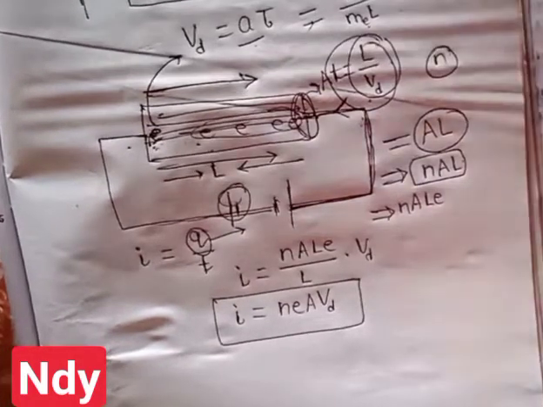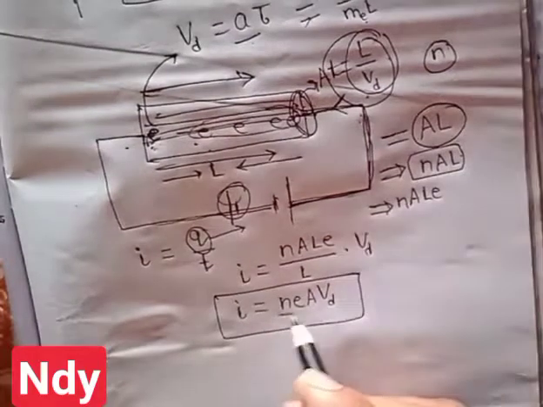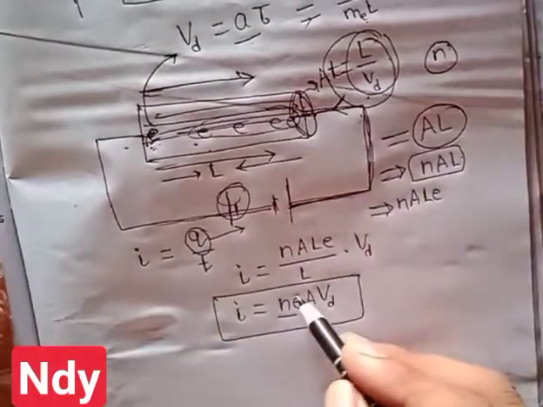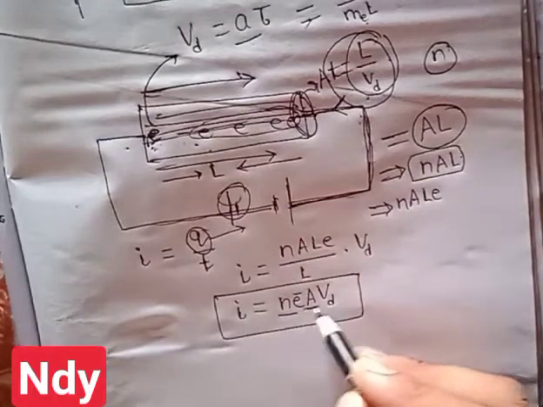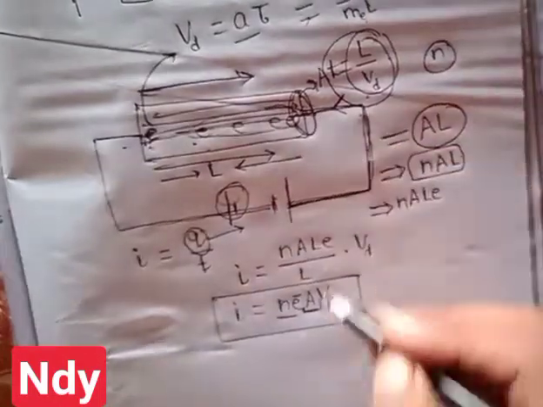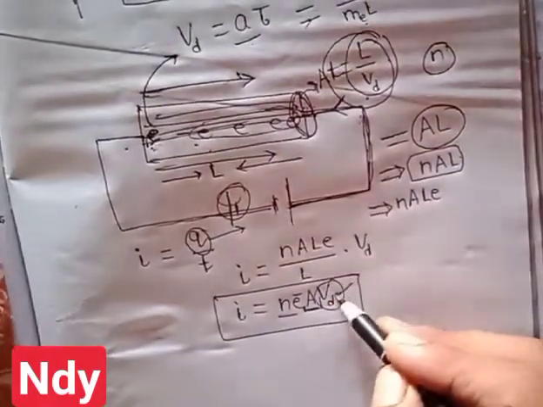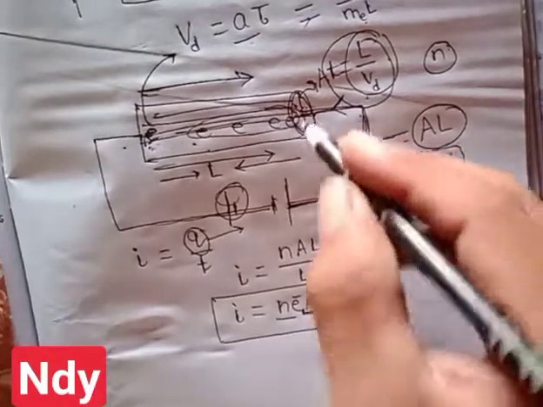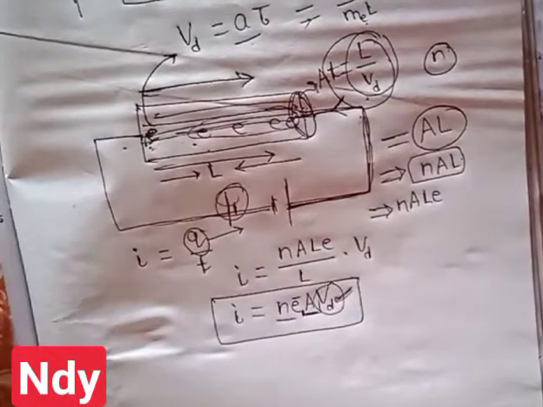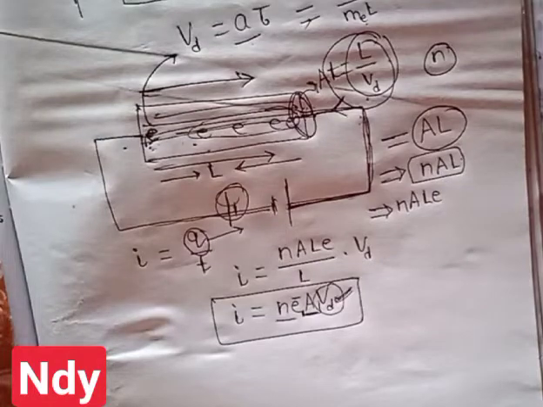This is for metals, where N is the number of free electrons per unit volume, e is the electric charge, A is the cross sectional area, and Vd is the drift velocity of each electron.